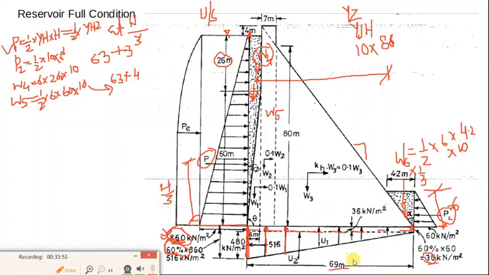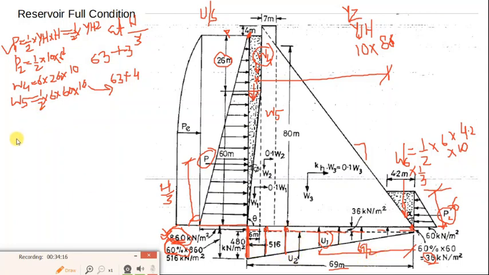So 69 multiplied by 36 will give you the area of this rectangle. This will be the uplift force U1, which is acting at 69 by 2 from the toe.